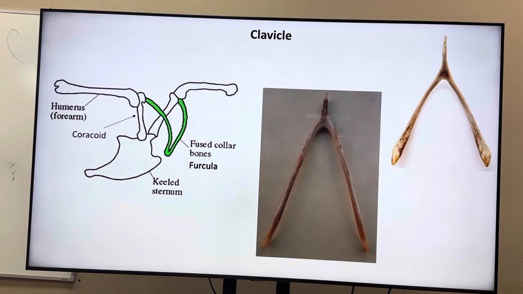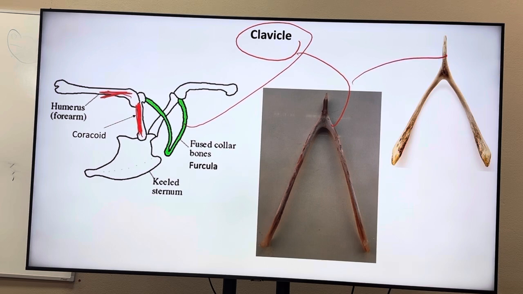So we have the coracoid here, humerus here, and this is a clavicle. This is also referred to as the collarbone. It is a thin and rod-like structure.